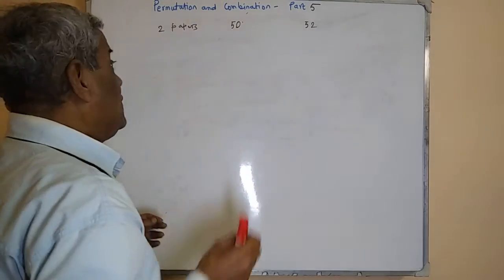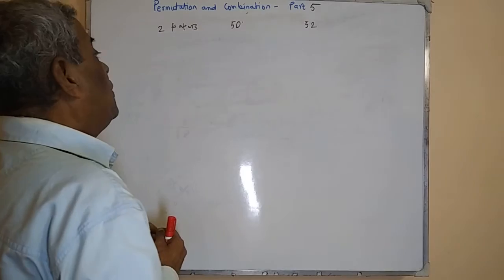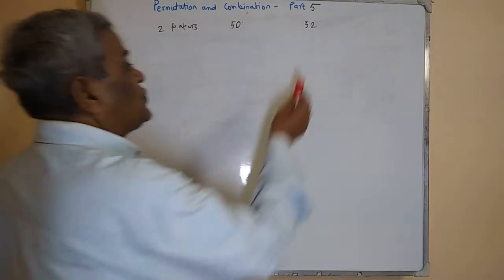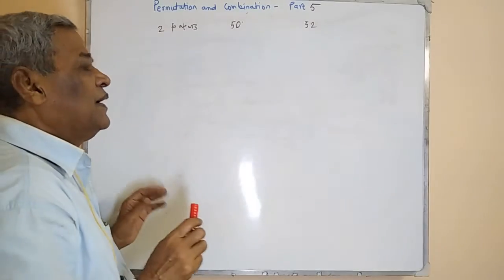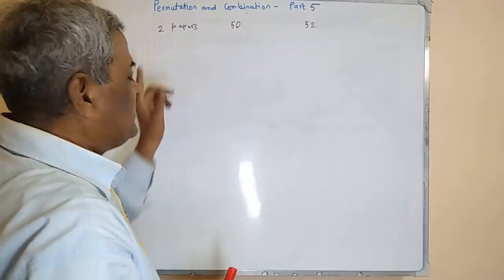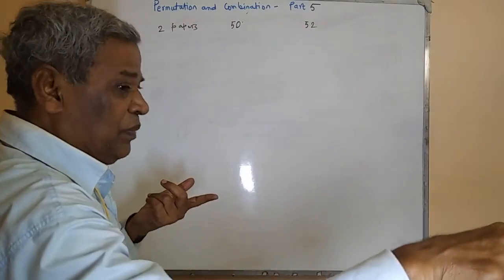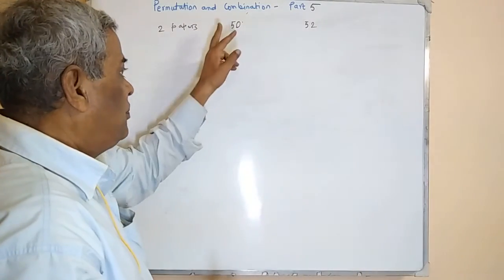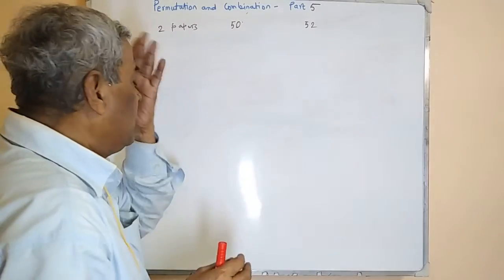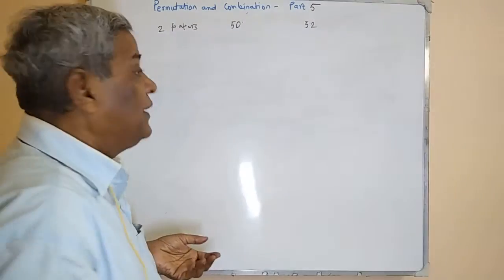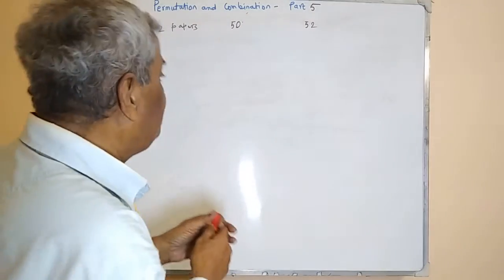So the question is, in how many ways can one examinee score 52 marks? This is the problem. Maybe from the first paper 50, in the second paper 2; first paper 49, second paper 3, and so on. There is a methodical way we can calculate it.